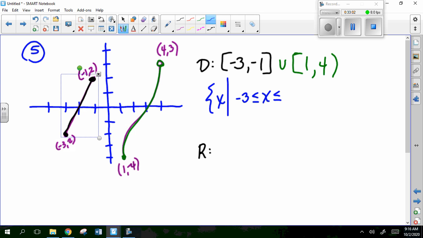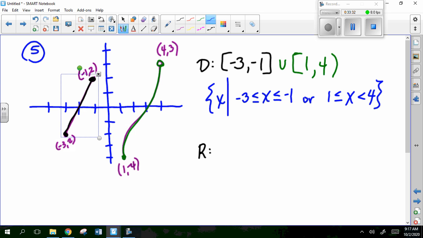I'm going to use another less than or equal to sign, and I'm going to stop that one at -1. So that's one big chunk. And I'm going to say or, and I'm going to start the second one at 1 with another less than or equal to sign and an X. But when I go to the 4, I need to just use a regular less than, because that's a parenthesis.